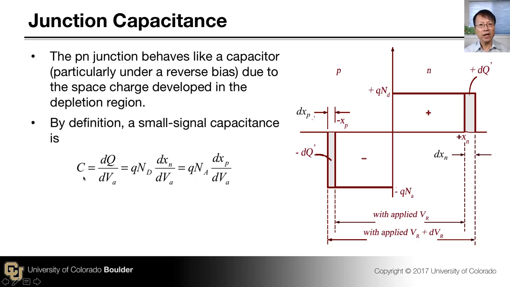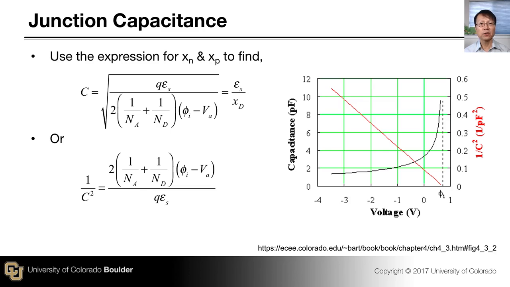So we already have an expression for the depletion region width, X sub n and X sub p. And once again, you substitute phi sub i minus V_A for phi sub i in the equilibrium equation. Then you get the equations for X sub n and X sub p under bias, and you take the derivative with respect to the applied voltage.